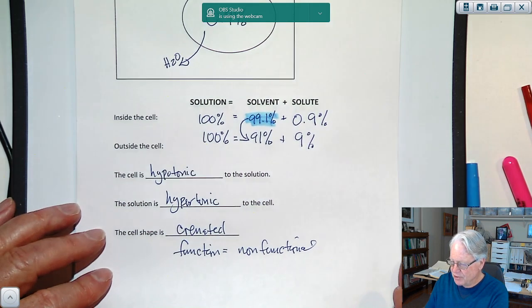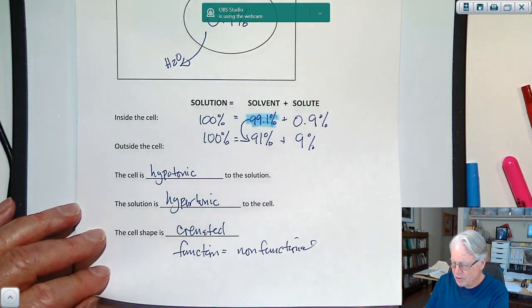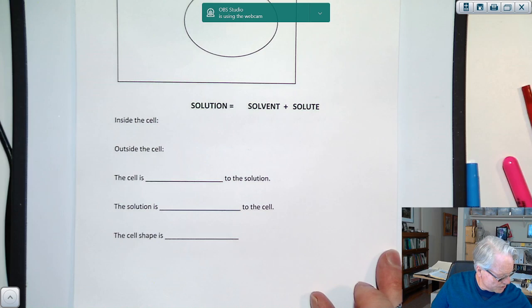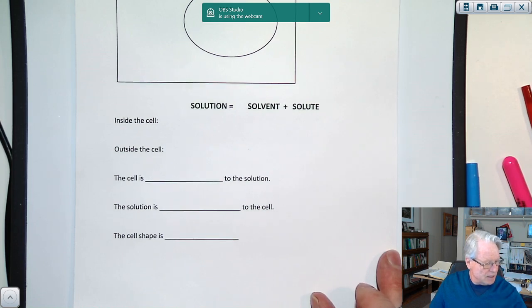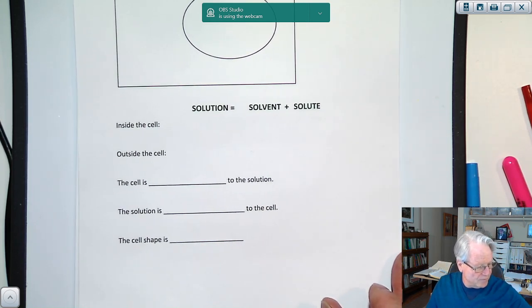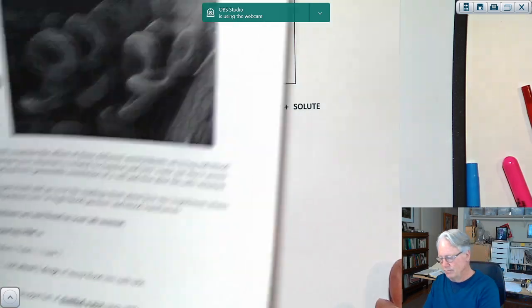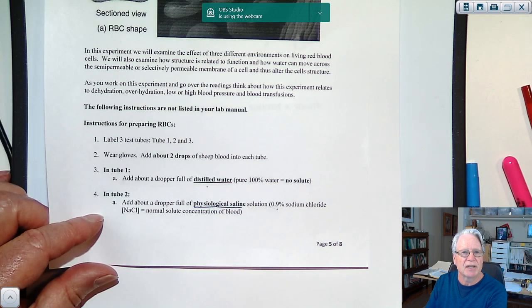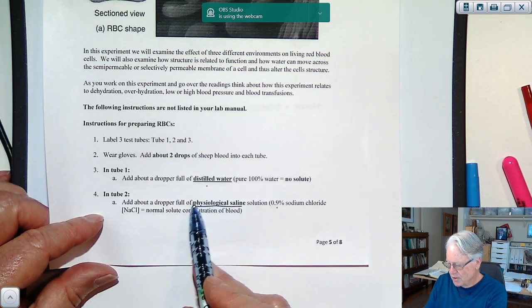These are non-functional cells, and certainly something that you don't want to happen in your body. Okay. Let's talk about the last experiment, which was physiological saline.